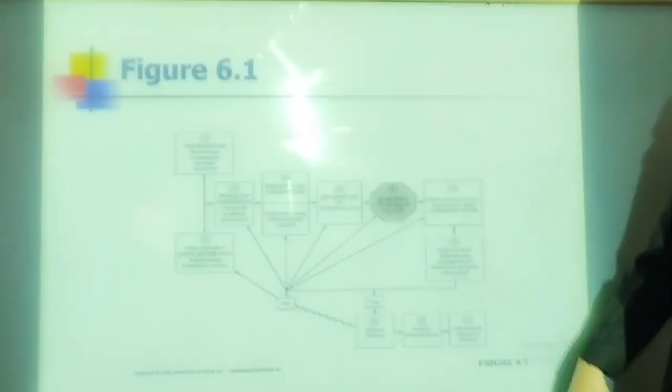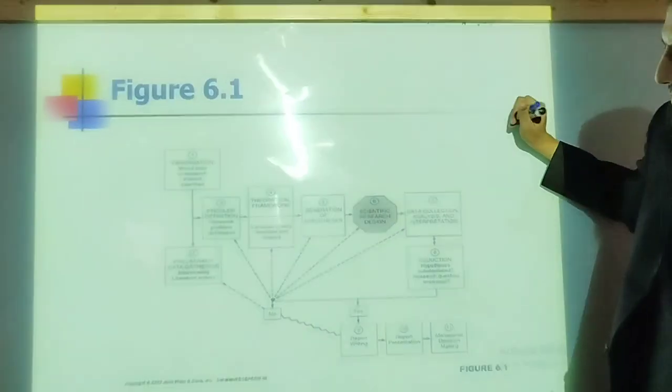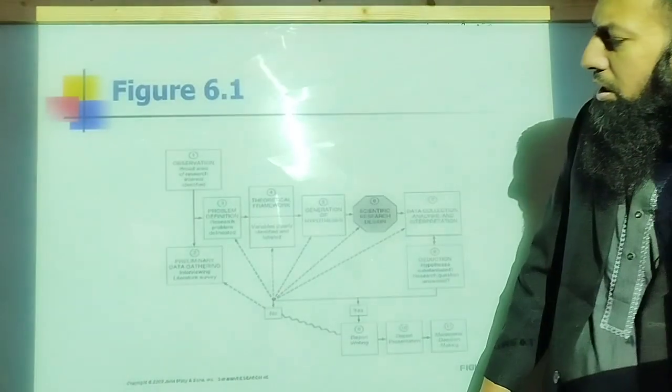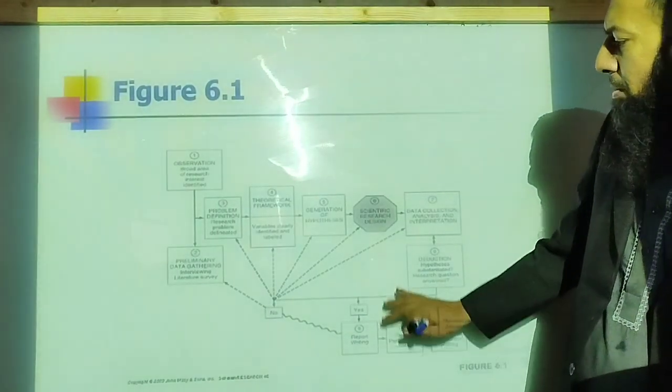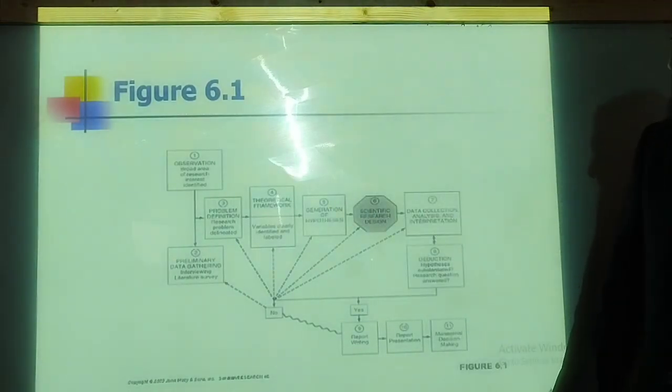Okay, this figure is very, very important. I think you guys cannot see this figure from far, but I can tell you it's all about the research prerequisite which we have already discussed.